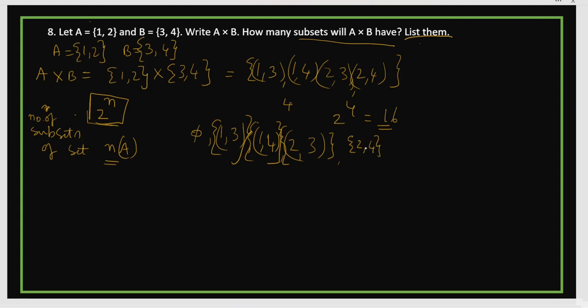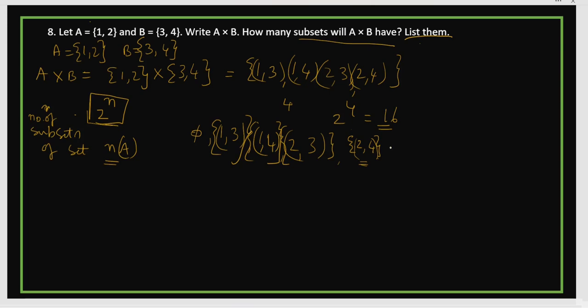These are all ordered pairs. Curly brackets and round brackets both should be there because this is the element. An ordered pair is the element inside the curly brackets. This is the set outside, and this is the element, 2 comma 4 within normal brackets.